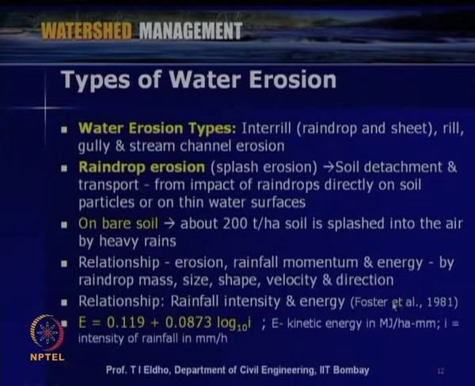One of the important relationships, derived by Foster and others in 1981, connects the rainfall intensity and the kinetic energy. According to Foster et al., E is equal to 0.119 plus 0.0873 log I, natural logarithm of I, where E is the kinetic energy in million joules per hectare mm, and I is the intensity of rainfall in millimeter per hour.